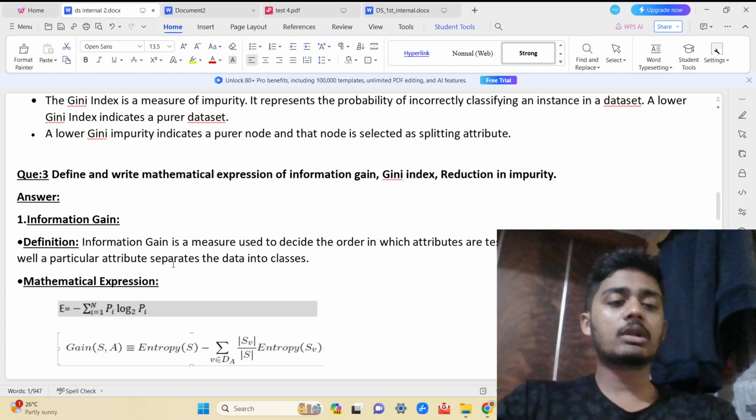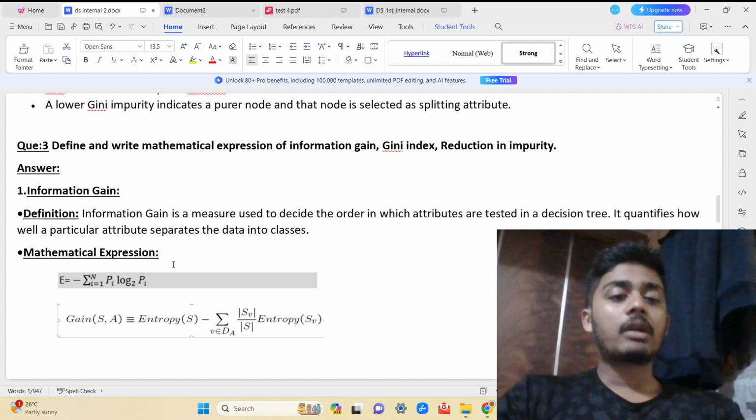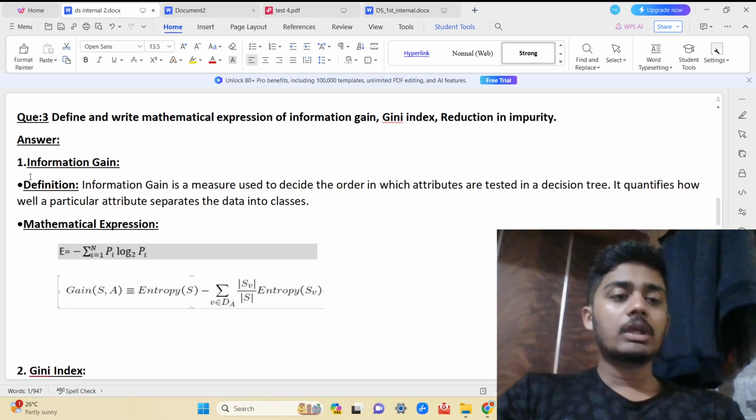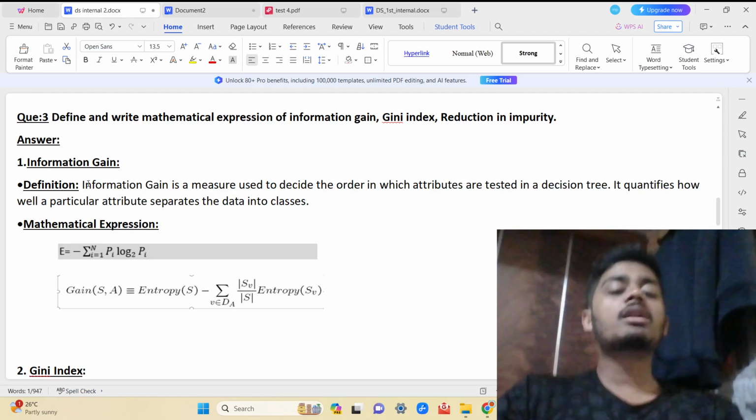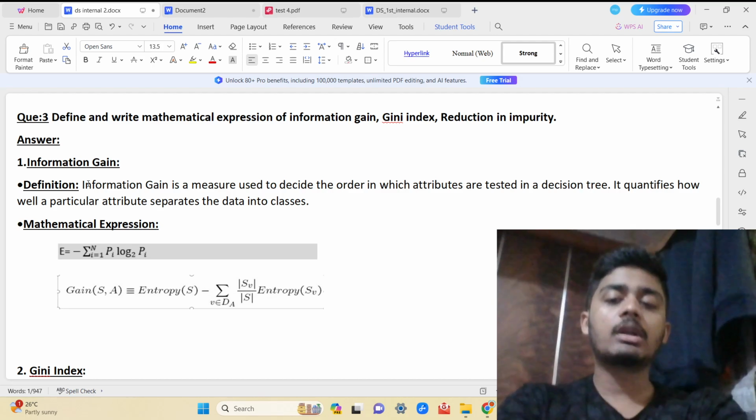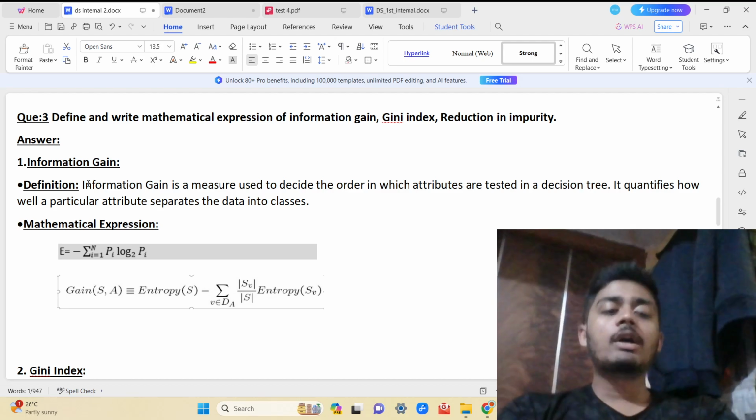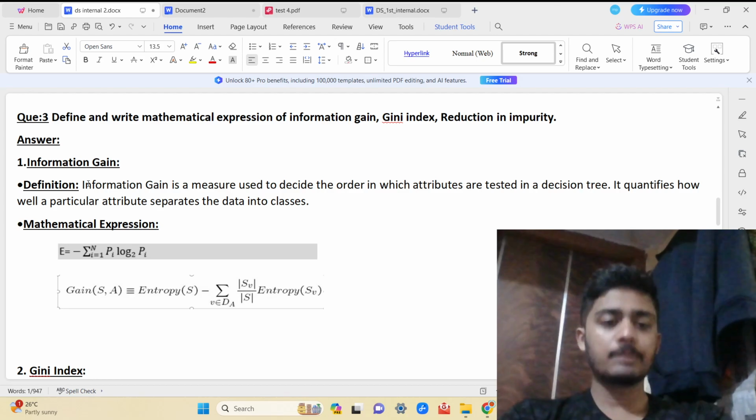Now let's move toward the third question. Define and write the mathematical expression of information gain, Gini index, and reduction in impurity. Information gain is a measure used to decide the order in which attributes are tested in a decision tree. It quantifies how well a particular attribute separates the data into classes.